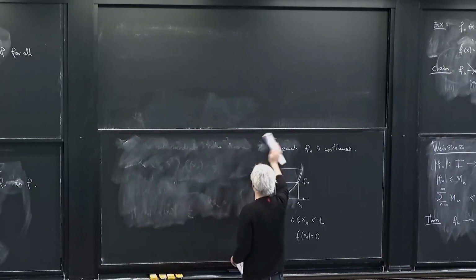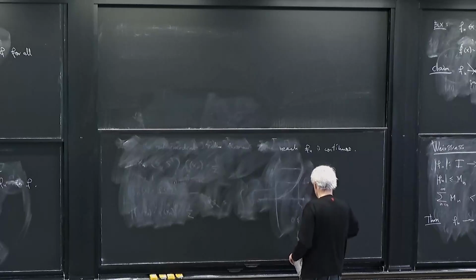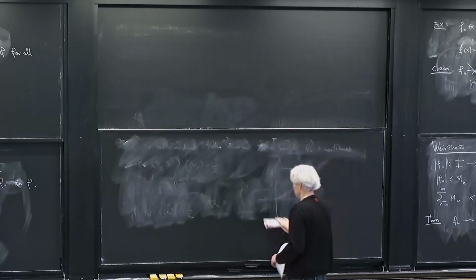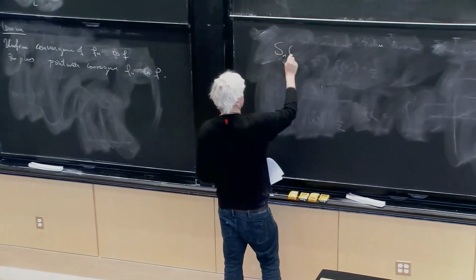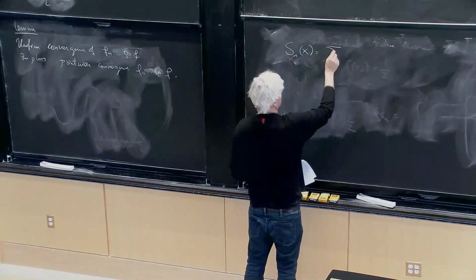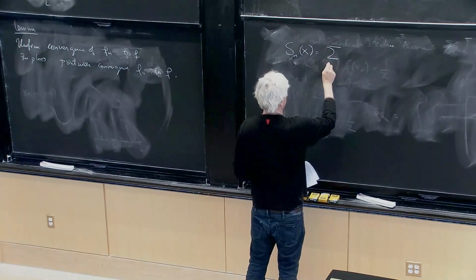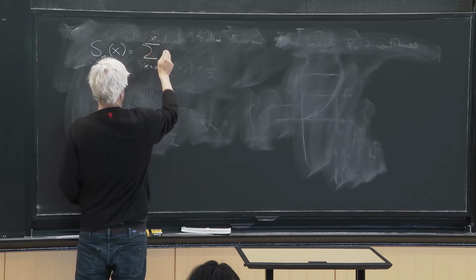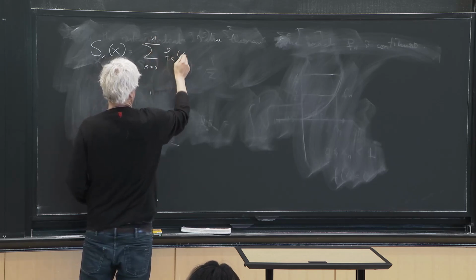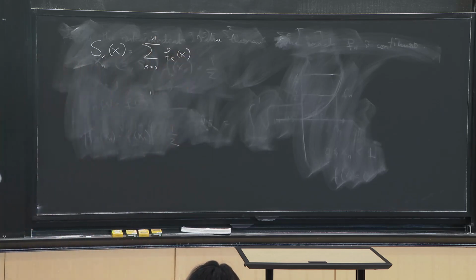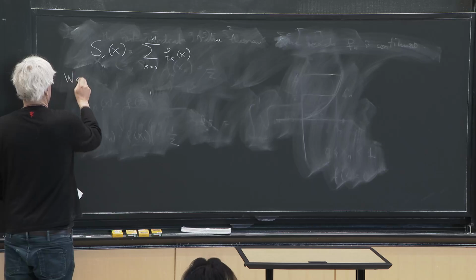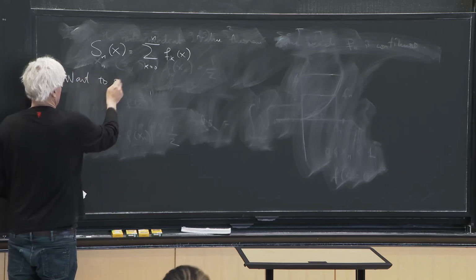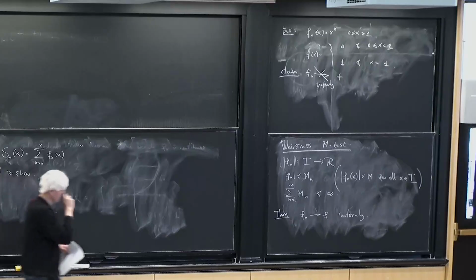So suppose we define Sn of x. So this is just when you're summing from k equal to 0 to n of fk of x. Right? Suppose you're looking at this, and we want to prove, yeah, sorry about that.